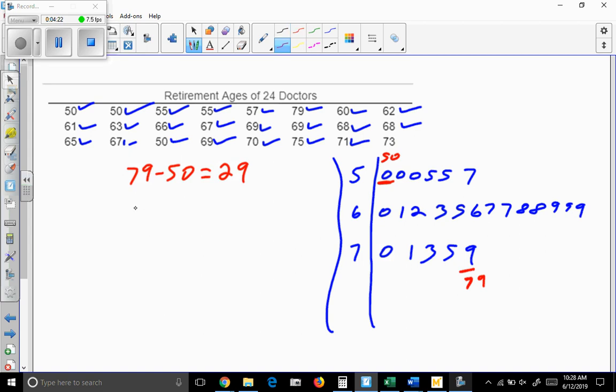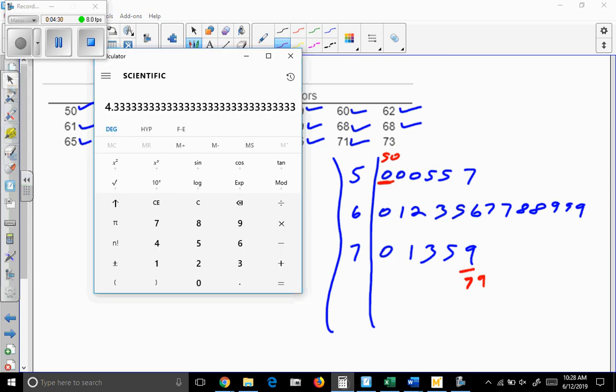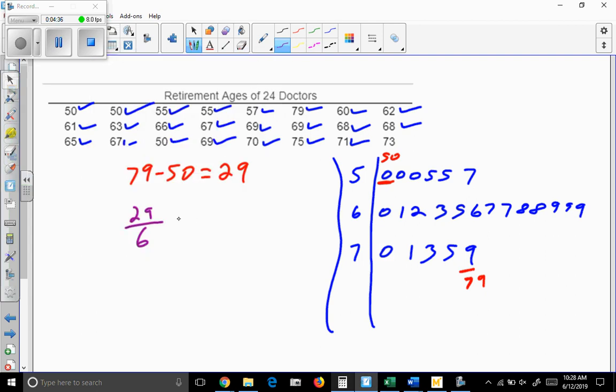So if our range is 29, and we're breaking it up into 6 classes, 29 divided by 6 is 4.833. So our class width, we're to round up. If we round down, then we're not going to be wide enough.